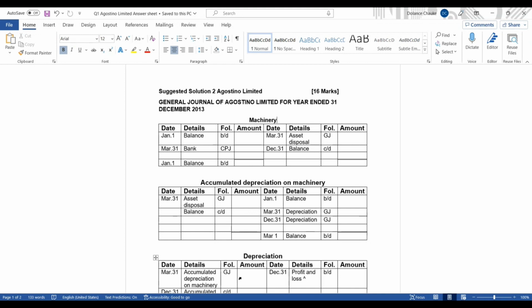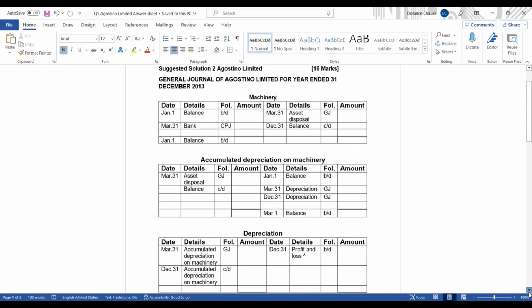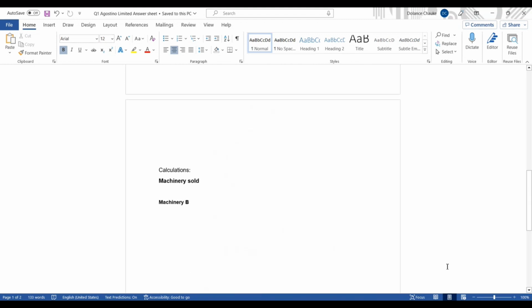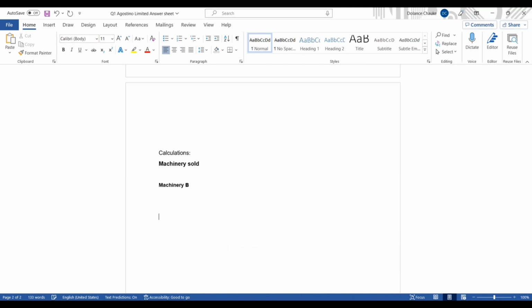So they are saying to you that you are preparing the general ledger accounts for the period ended. The period has ended on the 31st of December.